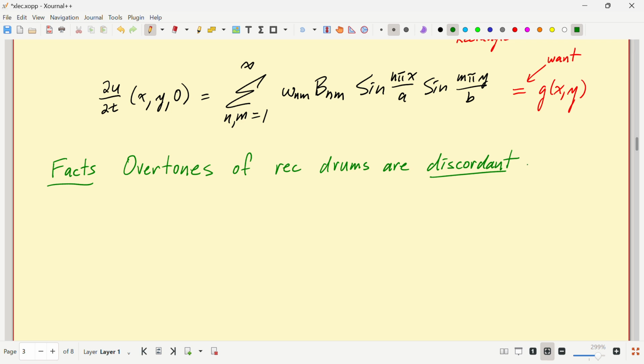With the fundamental pitch. The fundamental pitch is the lowest one. That's what you think you hear as a pitch.